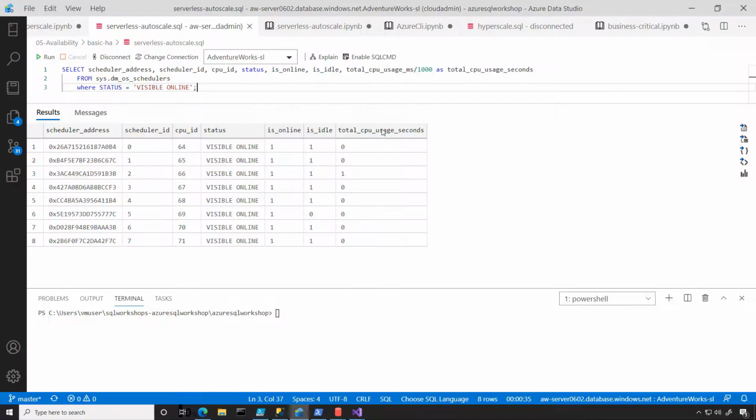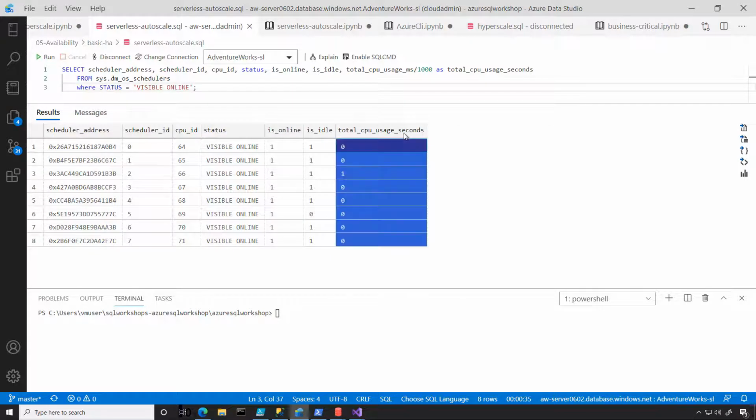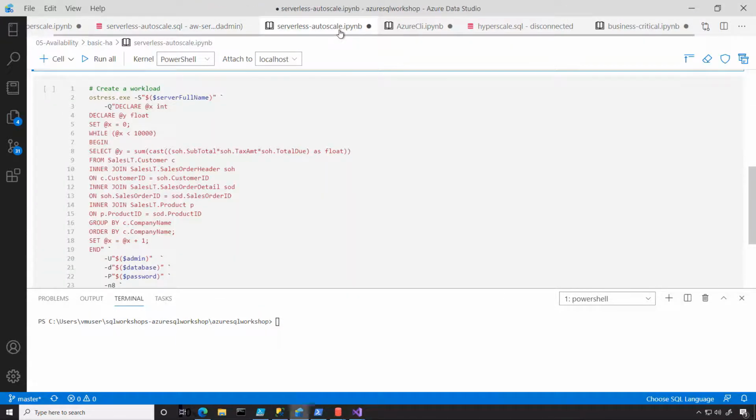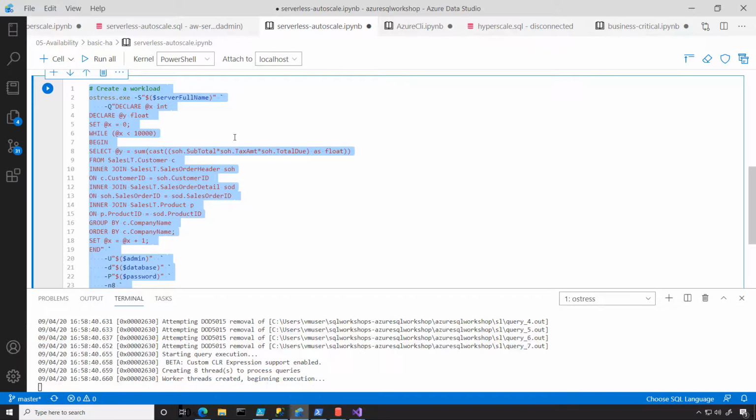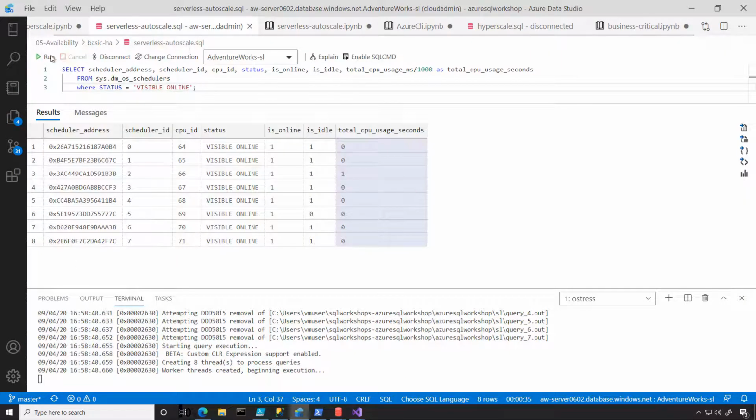All right, so here I have a serverless database with a range I set between 0.5 vCores and 8 vCores. You can see that currently only 1 vCore is being used, but the other 7 are available. Now I'm going to use OStress to simulate an unpredictable workload that has a spike in demand. What you'll be able to see if I run this query again is how serverless is going to auto scale up to the number of vCores that are needed for that workload.